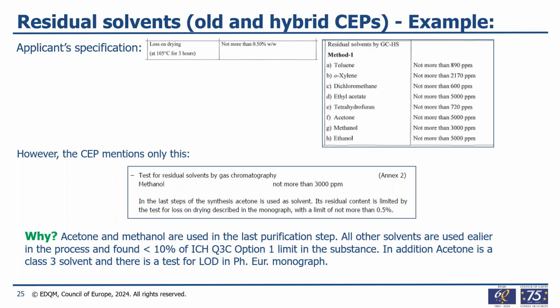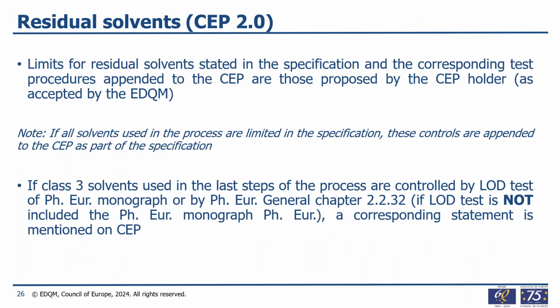In addition, acetone is a class 3 solvent, and when there is a test for loss on drying in the monograph, it can be controlled by the test for loss on drying of the monograph. Following the implementation of CEP 2.0, the limits for residual solvents are stated in the specification, which is appended to the CEP.